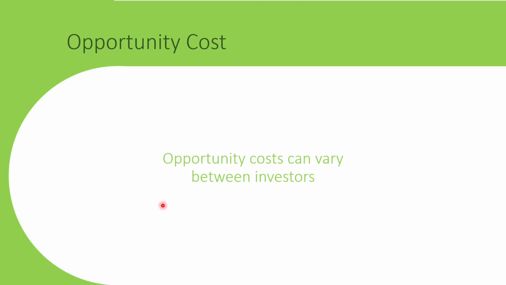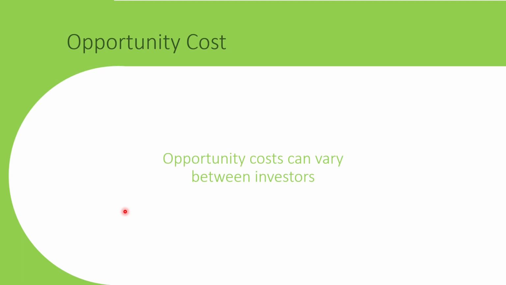So the opportunity cost can vary between investors because, like I said, the alternative or the benchmark that you use as your opportunity cost is something that is individual and something that is available to you. So in the examples that we covered in the previous slides, that opportunity was to invest in a bank at 10%.